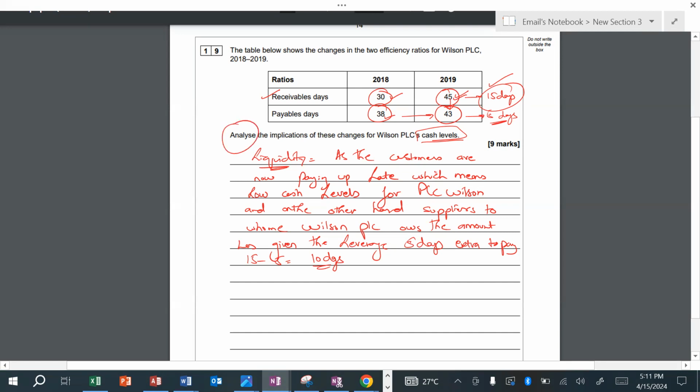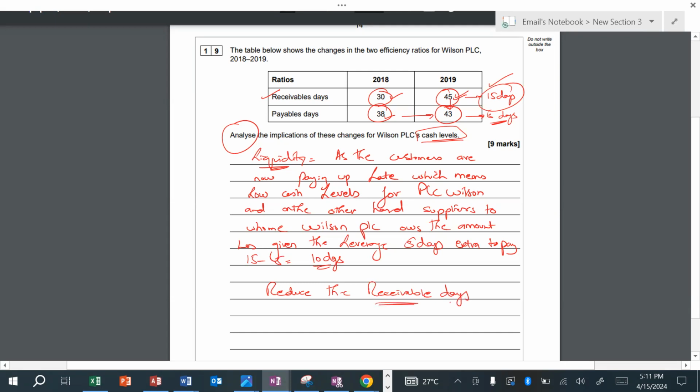Now the implications is, because of all these cash problems, Wilson has to take some sort of measures. What he's going to do is he should reduce the receivable days.